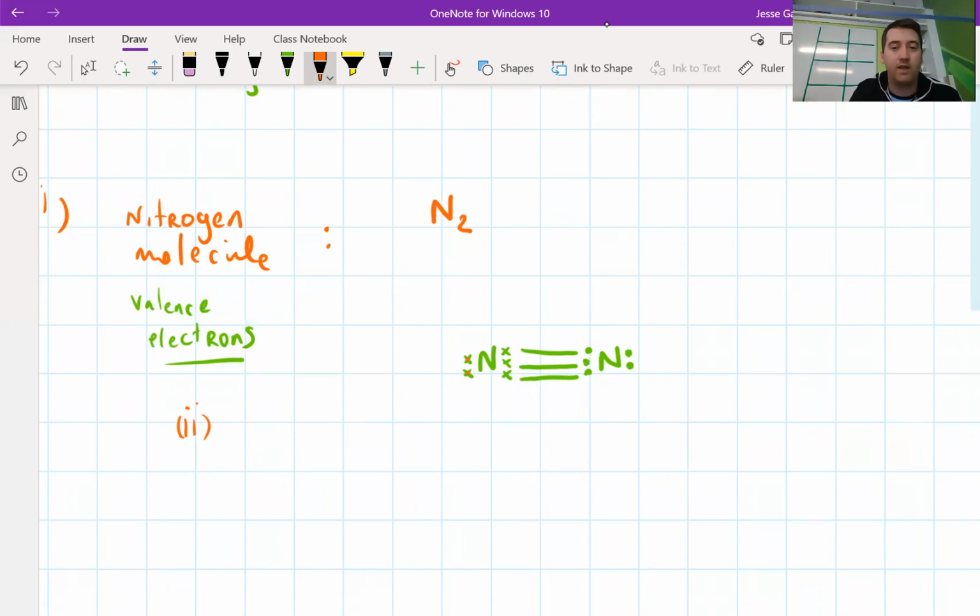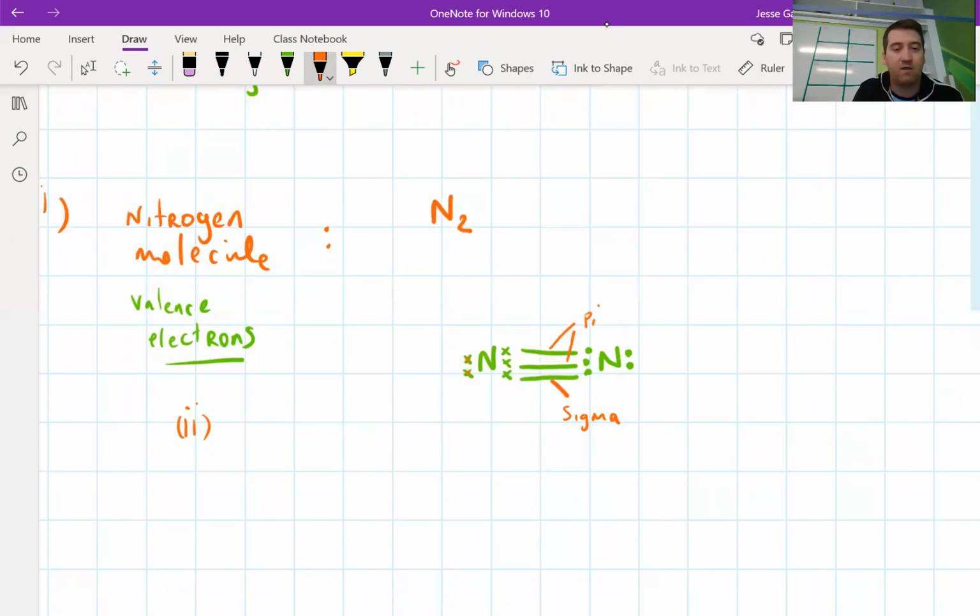Okay, what you should know is that when atoms are forming bonds, the first bond that's formed is always a sigma bond. But there can only be one sigma. The other ones must be pi. So where we have a double, or in this case, a triple bond, we've got 2 pi bonds.